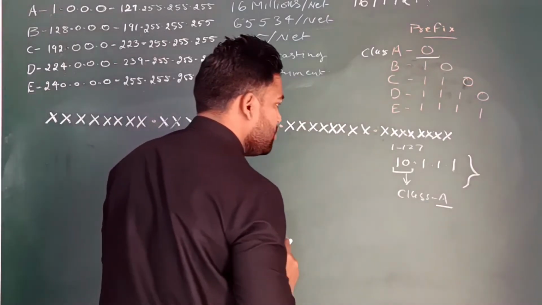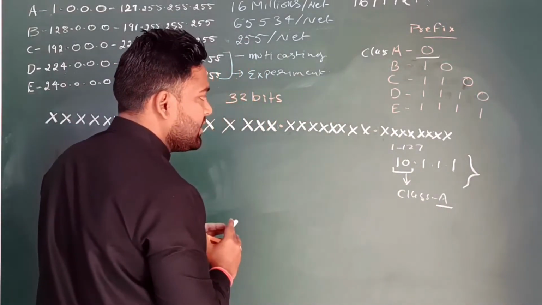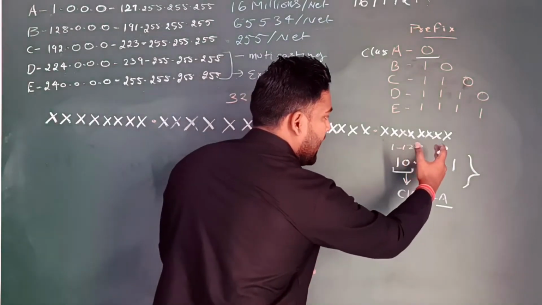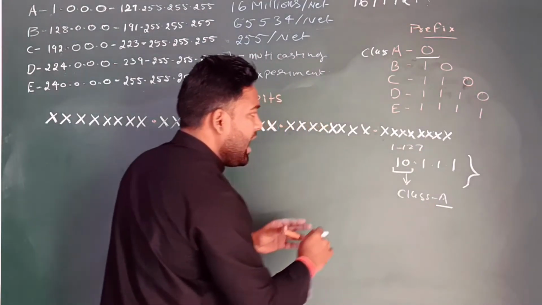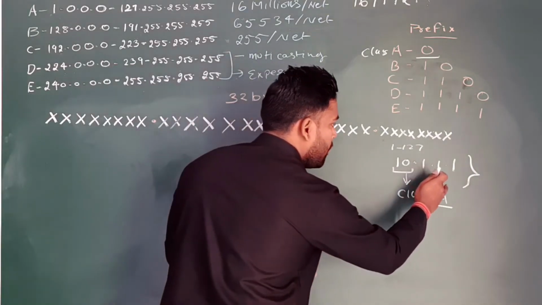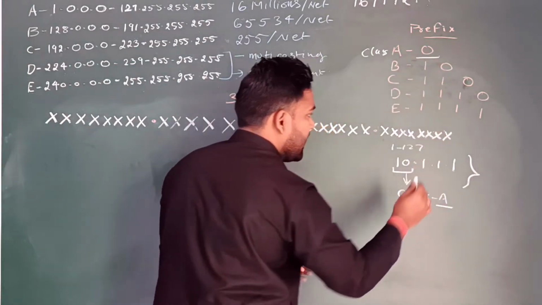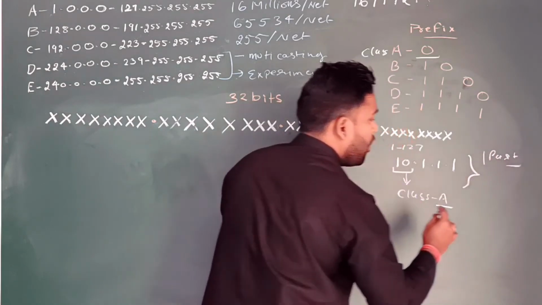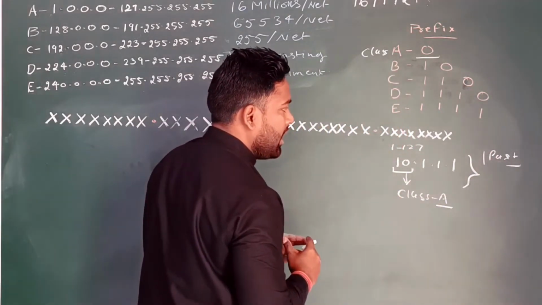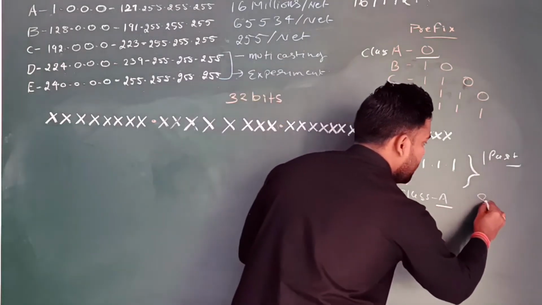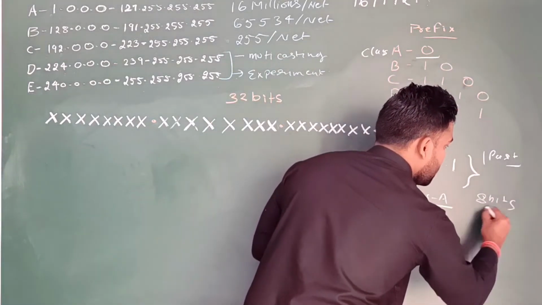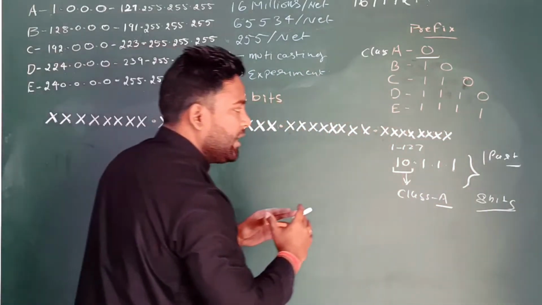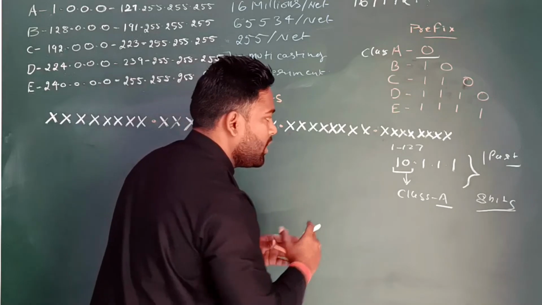Please pay attention. The 0 says how many parts will be taken from an IP address. The IP address has been divided into 4 parts, so 0 says that only 1 part will be taken for the network ID. And 1 part is 8 bits, right? So 8 bits from the IP address will be taken for the network ID.